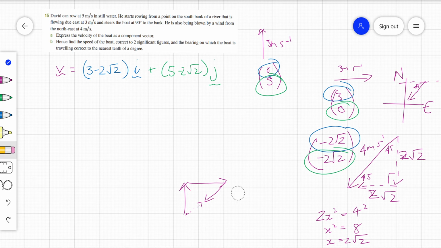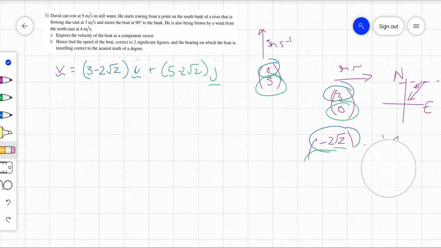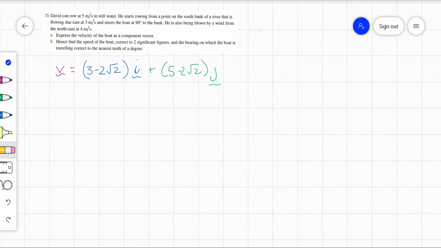So if that's the velocity vector for this boat, then what we can do is have a look at the actual velocity it's going in, with all those other forces acting on it, and the angle that it's going in. So if we think about it, I'm going to put 3 minus 2 root 2 across, and it's going up 5 minus 2 root 2, they're both positive.